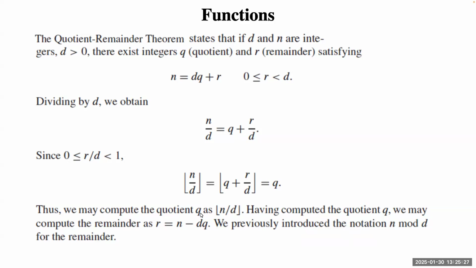Having computed q, we may compute the remainder r equals n minus dq. This is just an example of the quotient remainder theorem, using the floor to describe how it works.